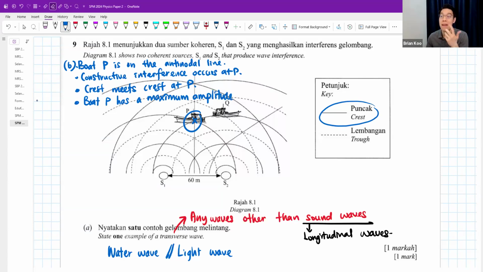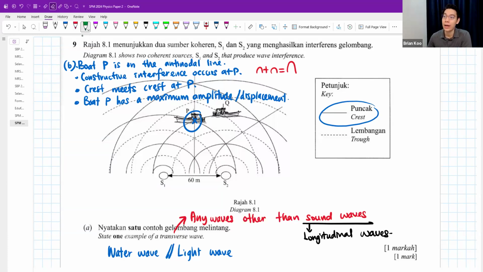Okay, or you want to say maximum displacement. So it is at the highest point. At P, what we want to say is that you have a crest plus a crest, so you have an even taller crest. You have double the amplitude of the crest, right? So got a lot of things to say.